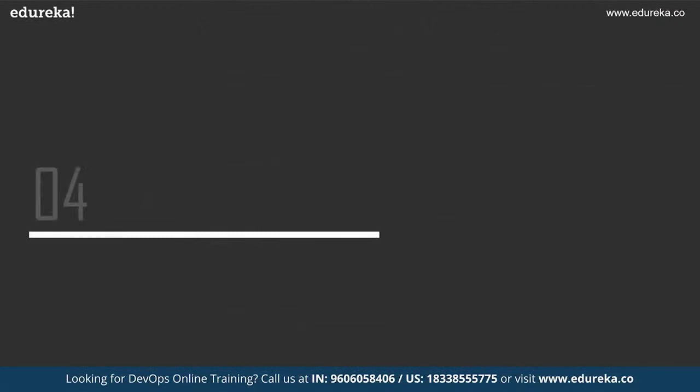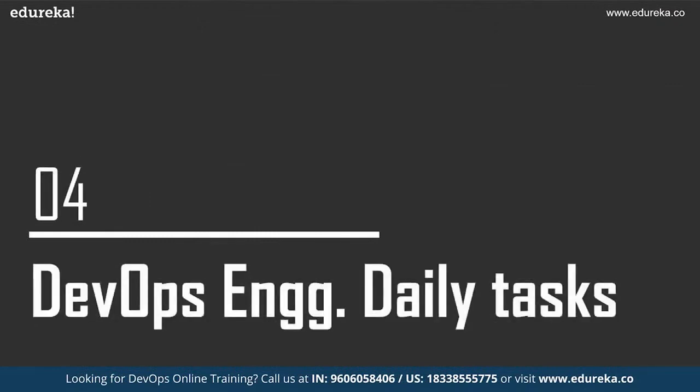So now let us discuss the main part of this session, that is DevOps engineer day-to-day tasks or daily activities. If you think about this question, what are the daily activities of a DevOps engineer? In my opinion, this question is pretty much vague, because it depends on what your experience is as a DevOps engineer, and it also depends upon the organization that you're working for.